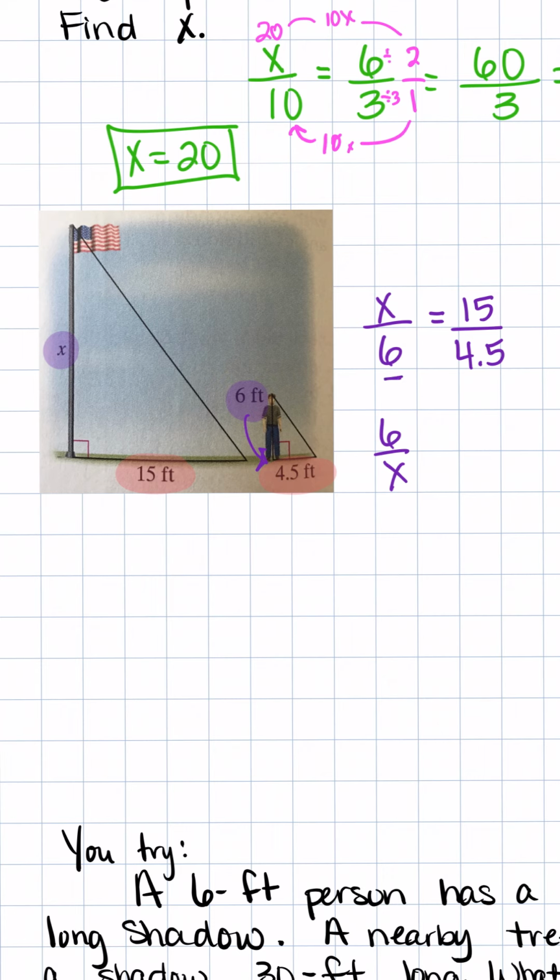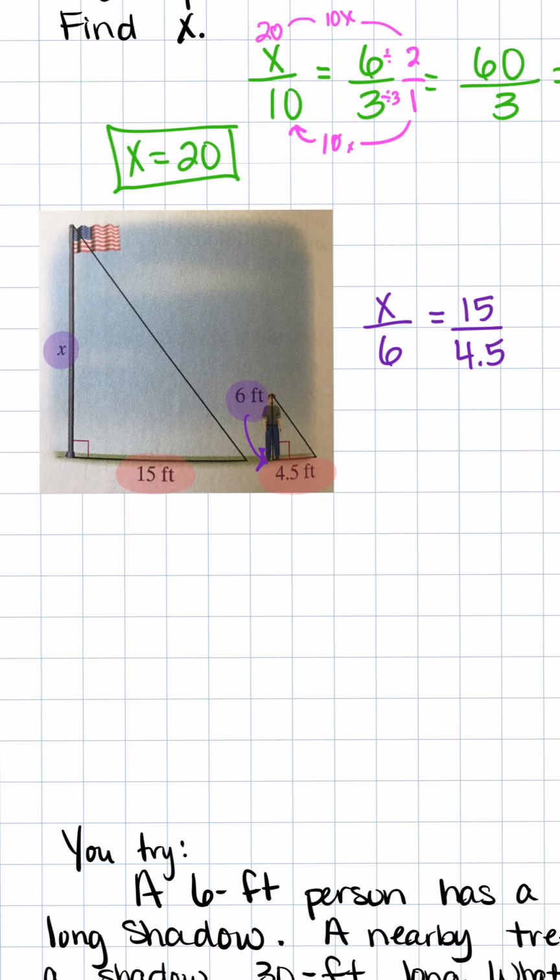So when I put 6 on the bottom, 4.5 was on the bottom. If I put it on the top, 4.5 is on the top, and 15 is on the bottom. Either way you can solve it. Okay, so let's just erase this so that we don't get confused. And you'll get the same answer.